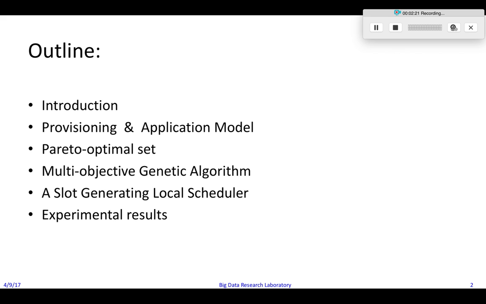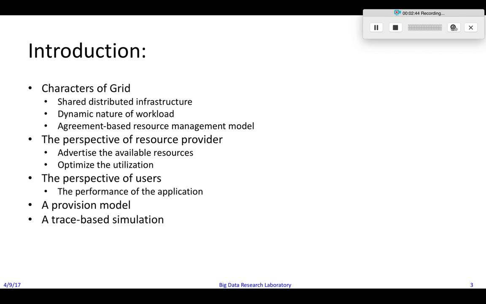Then, in order to compare the proposed method and the best effort method, a slot-generating local scheduler is introduced to do the experiment for the best effort method. At last, I will conclude by showing the experiment results in this paper.